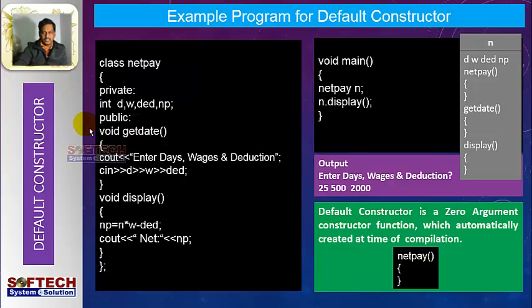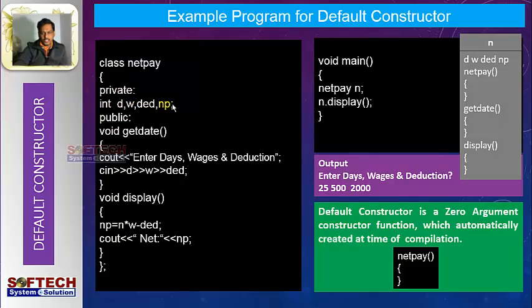We calculate net pay by using the number of working days, wages per day and deductions. So what are the data members? The days, wages, deduction, and then we want to find the net pay. So four variables, that is 4 data members. Usually data members are placed in the private section, the private access modifier, because it is raw material.